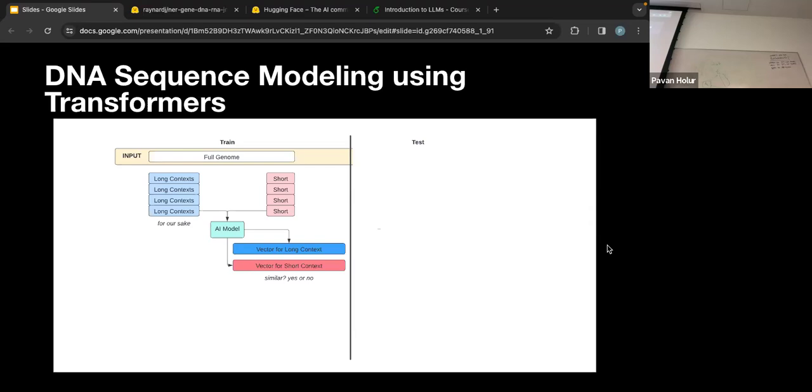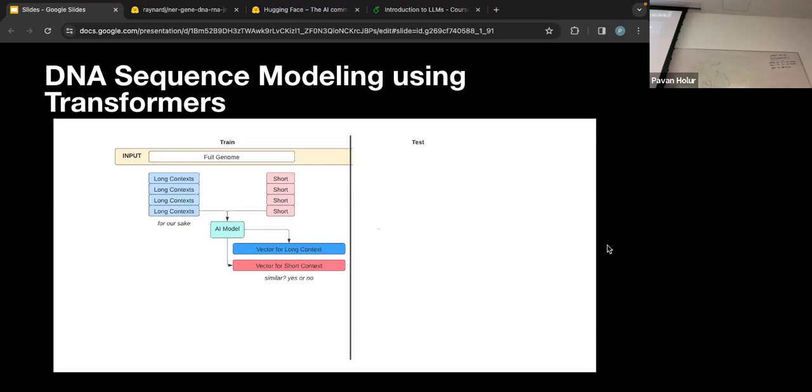Yes, we impose that. So we say that these long context and short read pairs, where one is a subsequence within the other, are positive samples. And the ones that are crossed, we call negative samples.